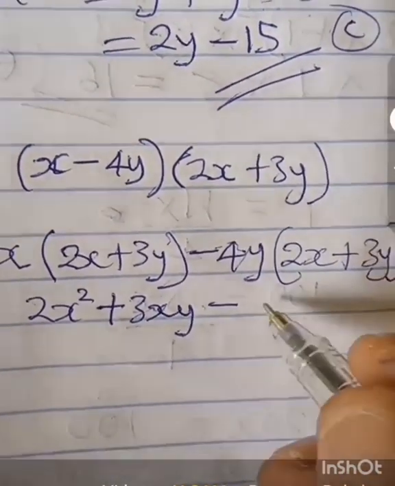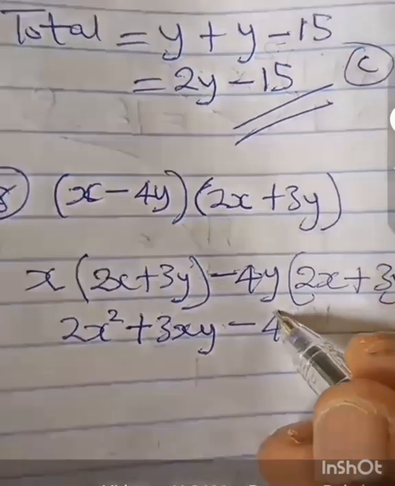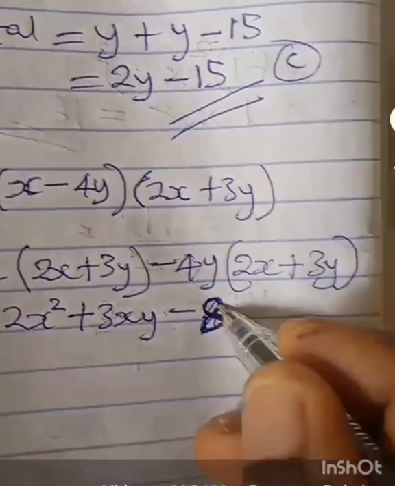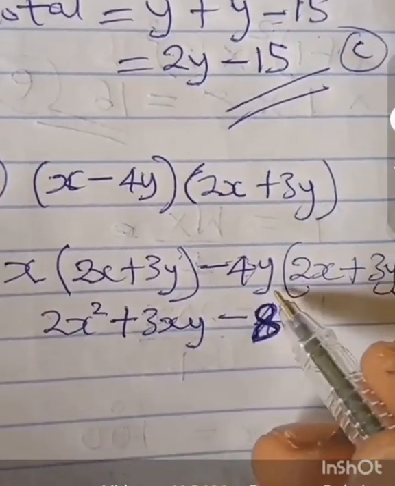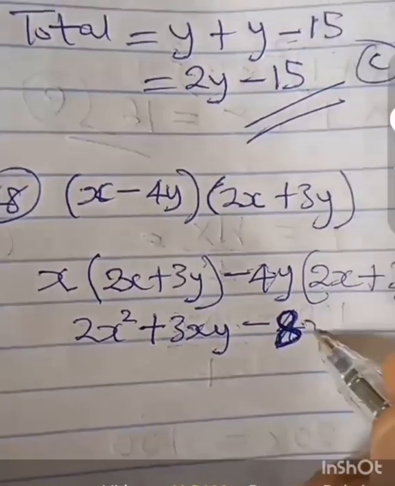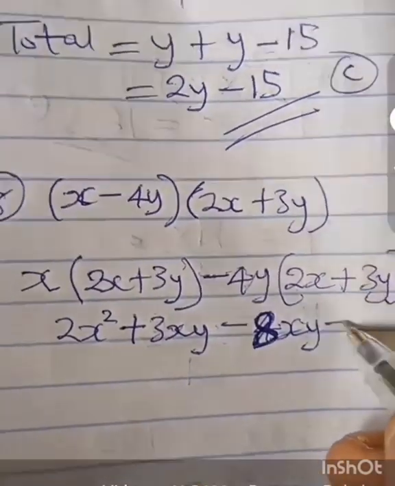Now minus 4y times 2x. 4 times 2 is 8. So minus 4y times 2x will give us minus 8xy. Now minus times plus, here we have a minus.